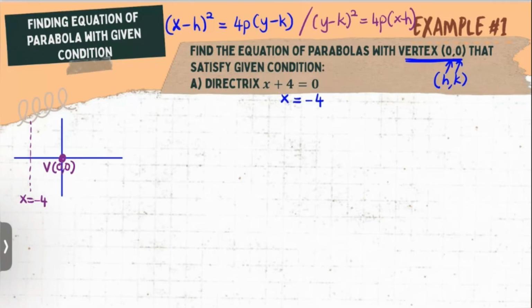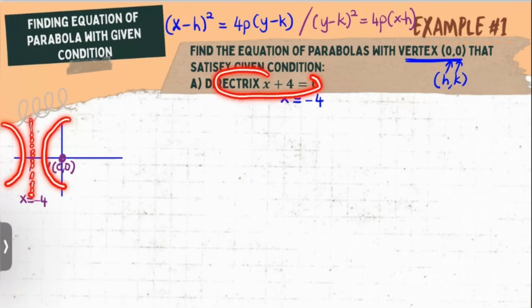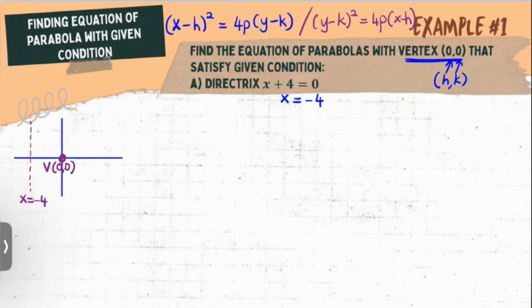Okay. So kalau line of directrix kita vertical macam ni, so the shape of our parabola is either this part ataupun this part. Okay, so daripada this information saya dah tahu soalan ini dia akan open left ataupun open right.